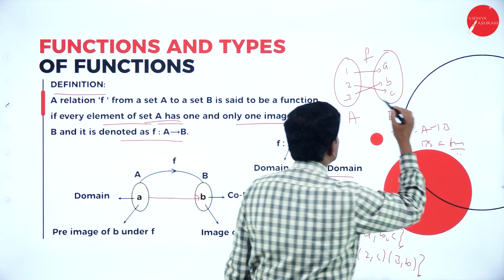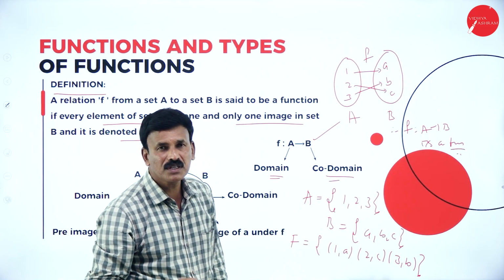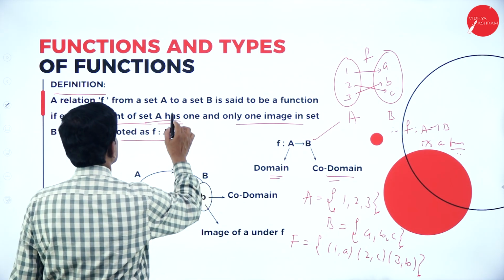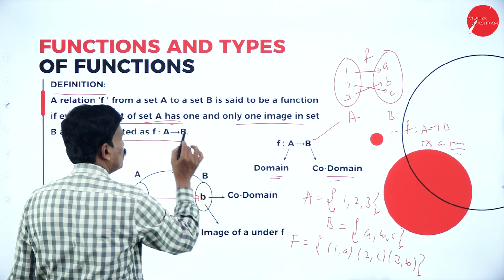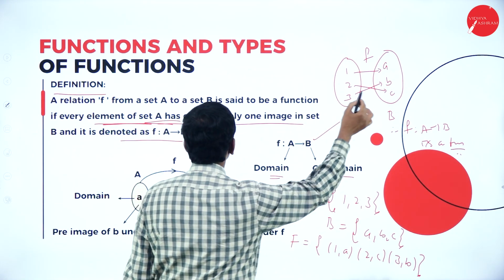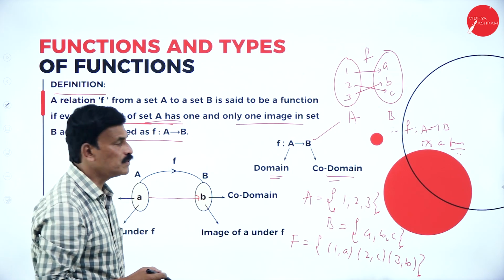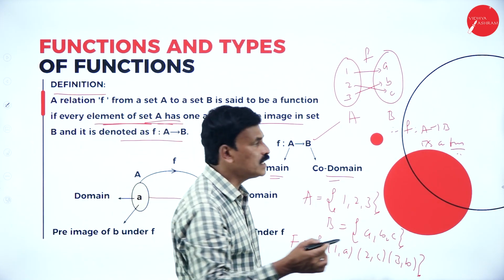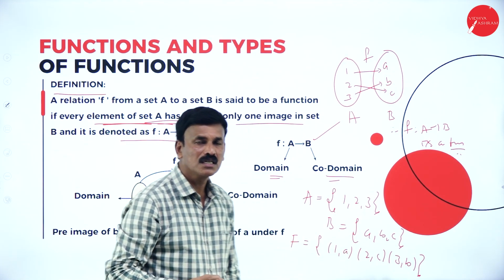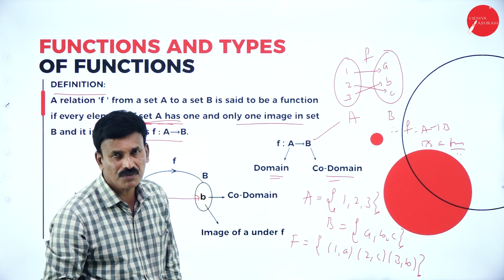Here different elements of A have different images. That is, F is said to be a function if every element of set A has one and only one, that is, a unique image in set B. That is it. So, F from A to B is called a function.